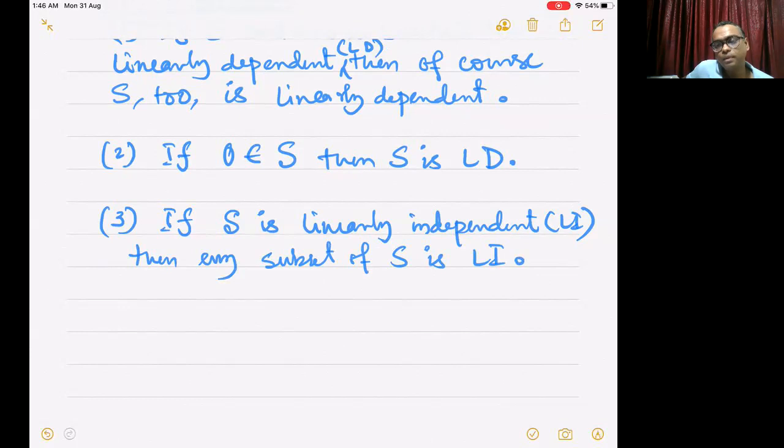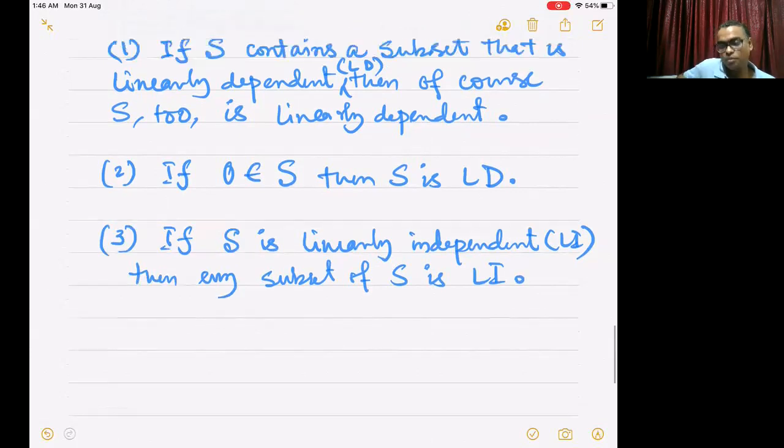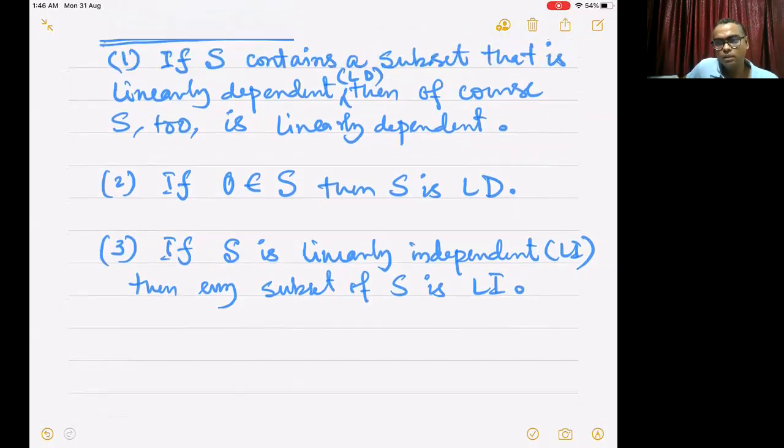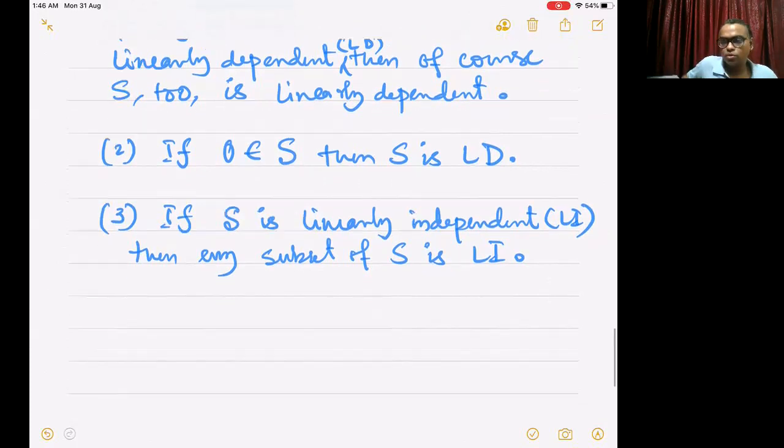This in fact follows automatically from number 1, because if any subset is linearly dependent, then S cannot be linearly independent. So S linearly independent means every subset of S is also linearly independent.